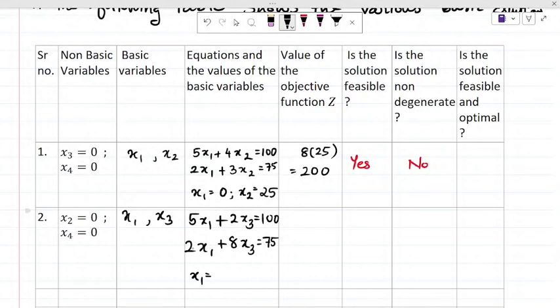Let us see what value we get. I'll do the solving simultaneously in the calculator, so let me do that in that mode.